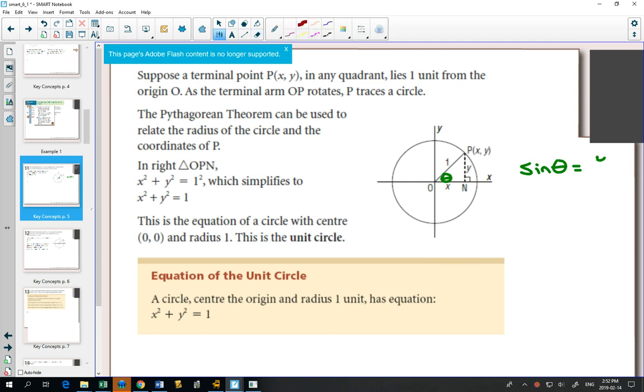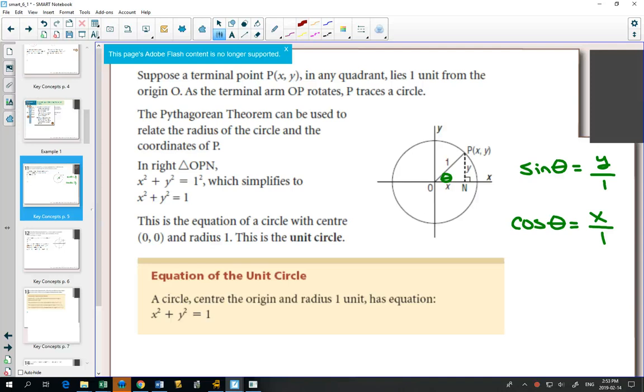Sine of theta is equal to y over 1. Or I could write that as sine of theta is just equal to y. And cos of theta, adjacent over hypotenuse, would be x over 1, which is just equal to x.